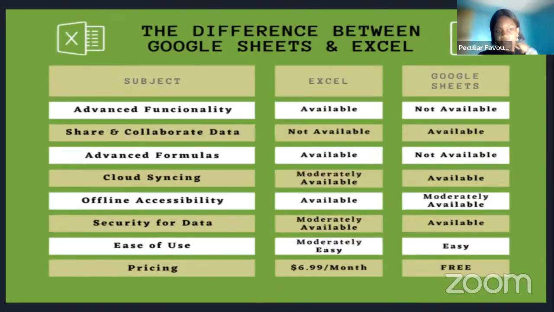In advanced functionality, Excel has more advanced functionality than Google Sheets. Like I said before, Excel has various features that Google Sheets doesn't have yet. It has a lot of functionality when it comes to graphing and accounting.